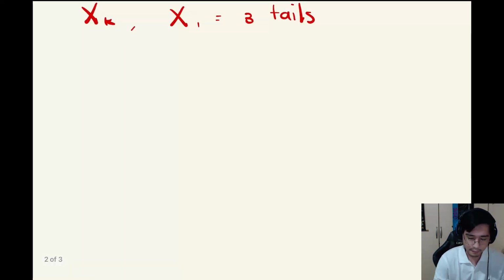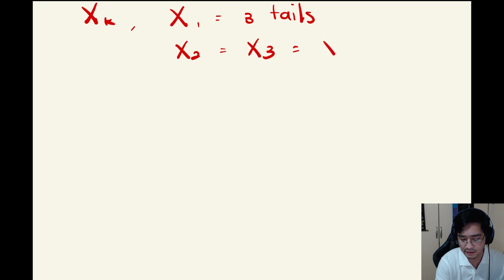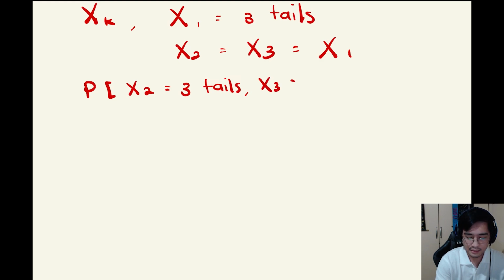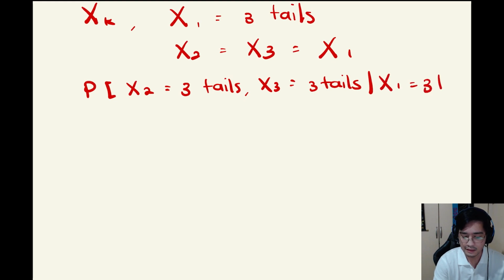What is the probability that x2 and x3 have the same result as x1, given that x1 just had 3 tails? The expression we want to find is the probability that x2 is equal to 3 tails and x3 is equal to 3 tails, given that x1 is equal to 3 tails.